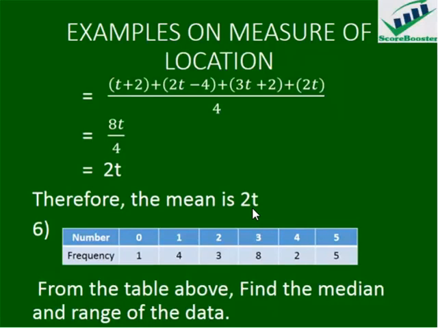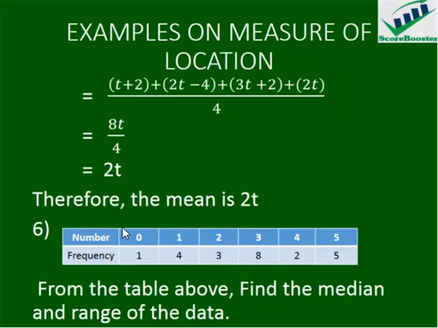So now we move to the sixth question. In the sixth question, we're given a frequency table. It is an ungrouped frequency table because we don't have anything like a class interval, maybe saying from 0 to something. This is ungrouped, but the number of items here is large.